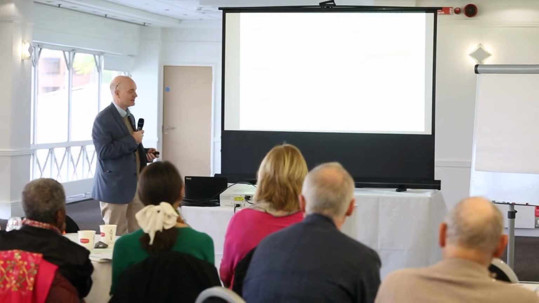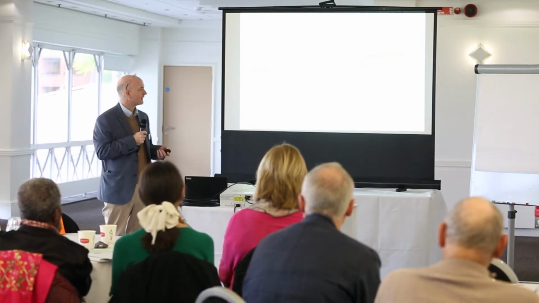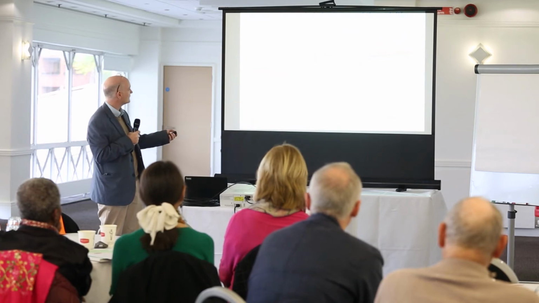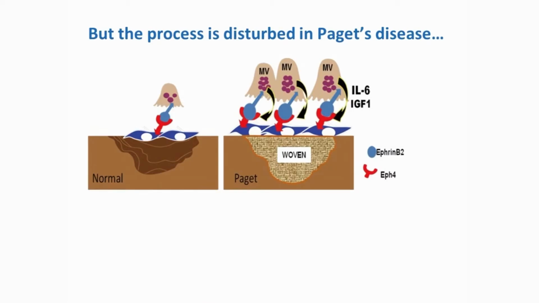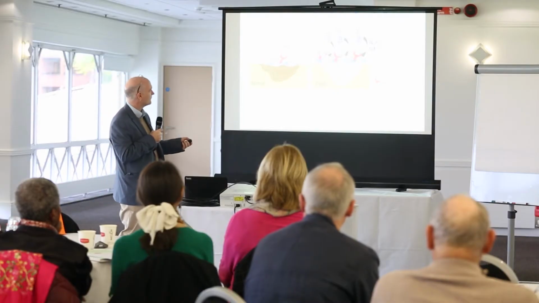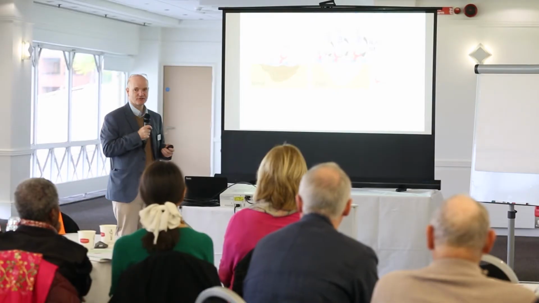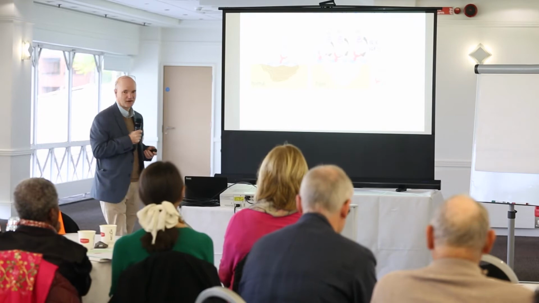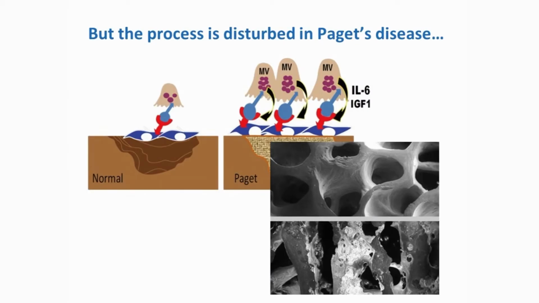But in Paget's disease, something goes wrong with this mechanism, and we get too many of these cells coming into the local environment. Instead of having just small numbers doing this turnover, we get lots and lots of this activity all going on at once, and this results in the bone being formed being very disorganized, which is one of the characteristic features of Paget's disease.